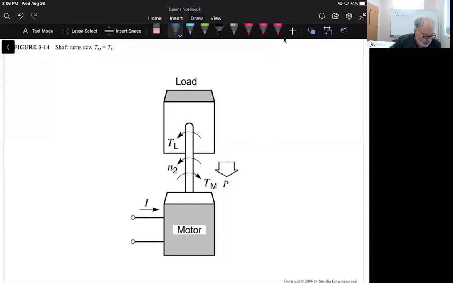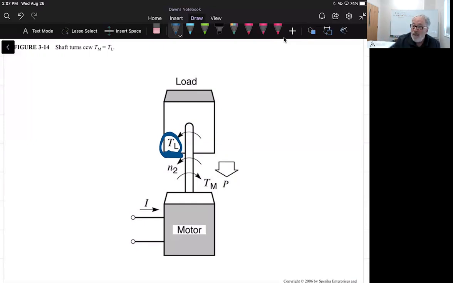Okay? And so what will happen now is the net torque on the shaft acts counterclockwise, and the speed that the load is rotating will decrease. And it will continue to decrease until the speed reaches zero. And if we continue where the load torque exceeds the motor torque beyond zero, it'll actually cause it to reverse direction.